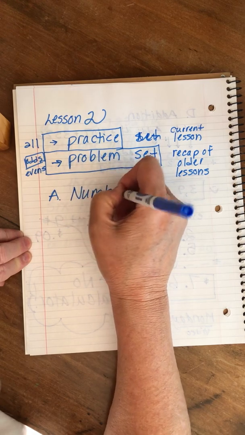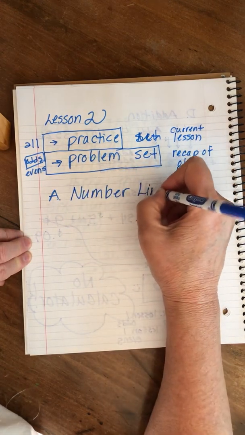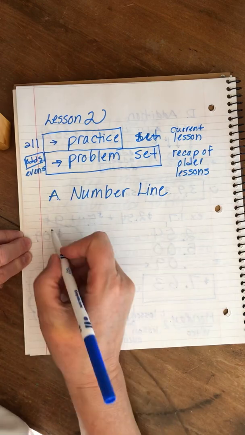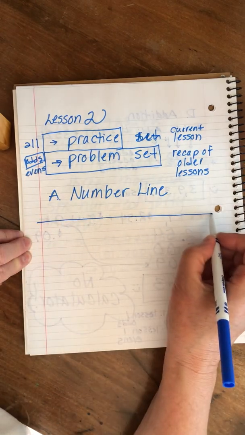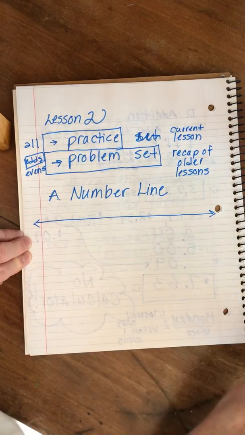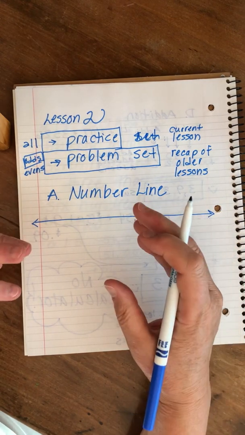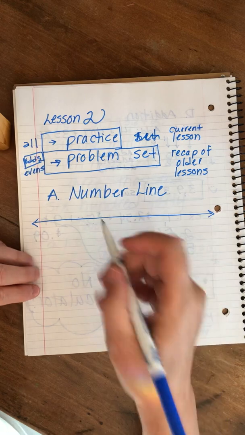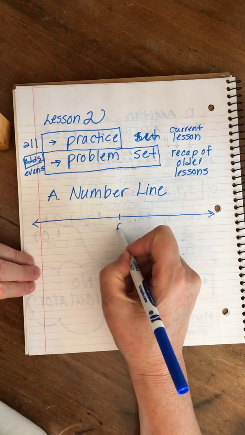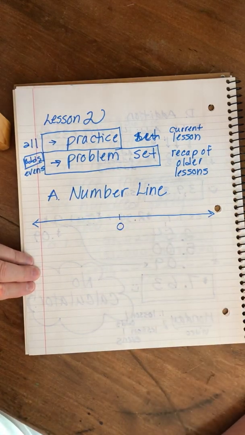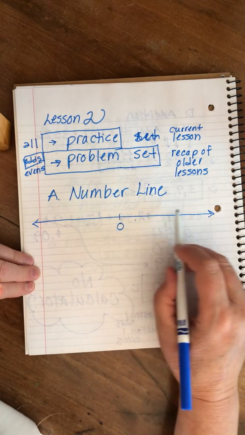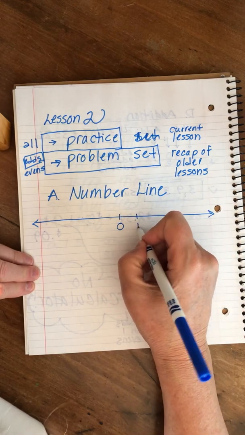The number line. You guys, no doubt, have seen something like this before. This is the number line. This is the way we can imagine organizing numbers. I like to start with 0 in the middle. And as we move to the right, the numbers increase.